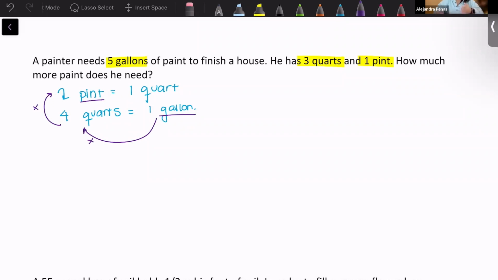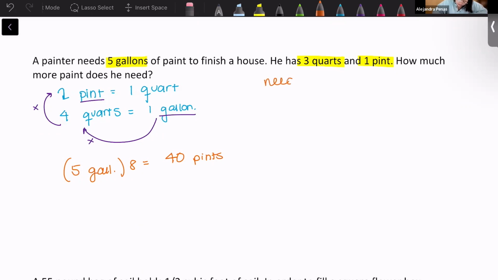That means that to go from gallons to pints, I would have to multiply by 8, because 4 times 2 is 8. So that's the first thing I'm going to do here. I'm going to convert these 5 gallons. I'm going to multiply that times 8, and that's going to equal 40 pints. That's how much you need.